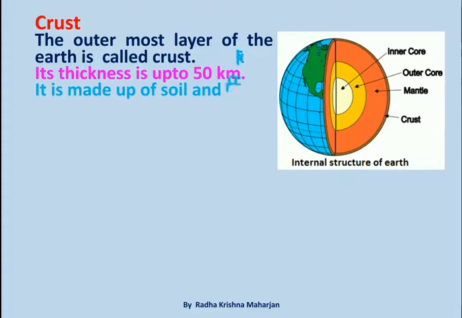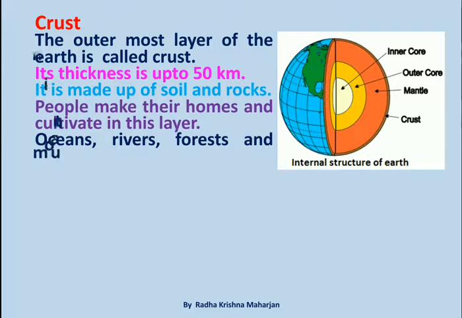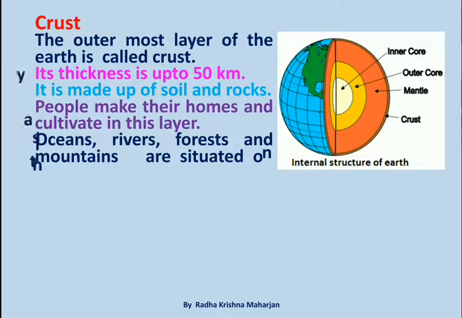It is made up of soil and rocks. People make their homes and cultivate in this layer. Oceans, rivers, forests, and mountains are situated on this layer.